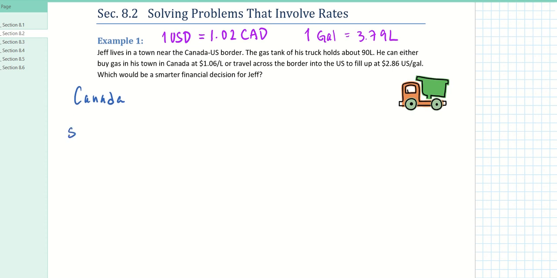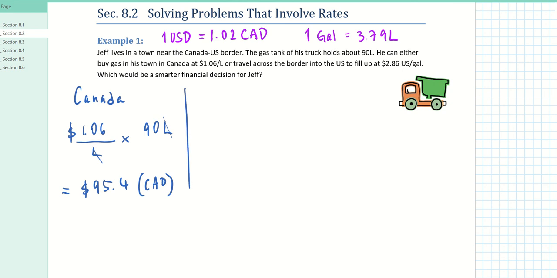So we have Canadian dollars, 1.06, with the liter on the bottom, per liter, times 90 liters. As you can see, the liters and liters will cancel out. You're left with Canadian dollars. So this equals 95.4 Canadian dollars.